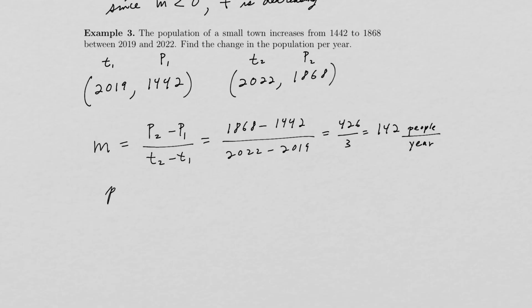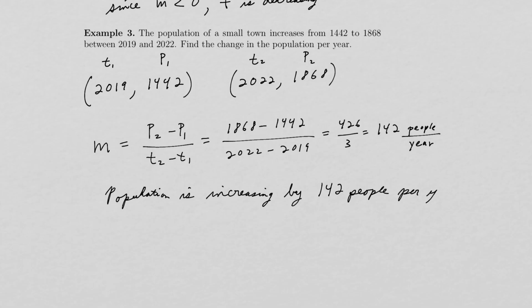I'll write that here: population is increasing by 142 people per year. That's how to interpret it. Okay, and we'll do more applied problems, a few more in this section and definitely in the next section in 4.2.